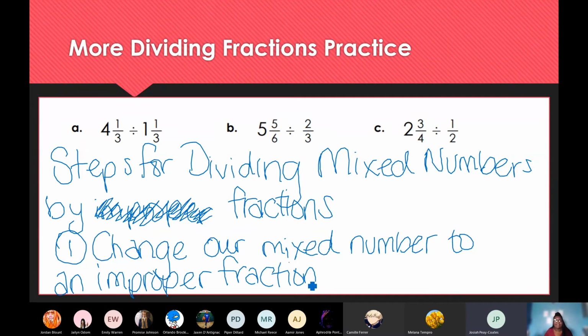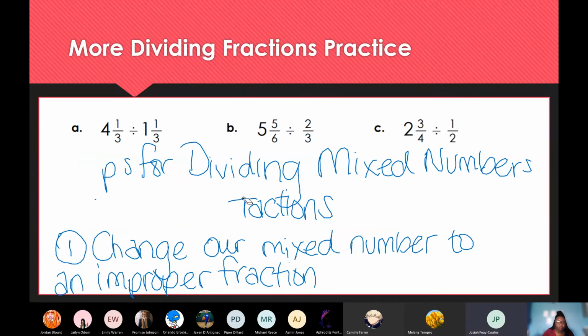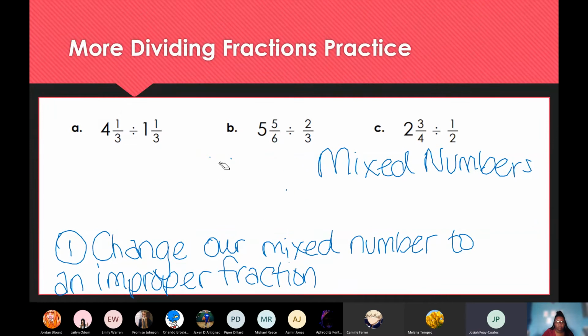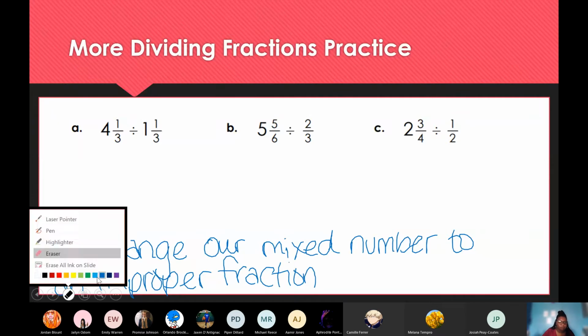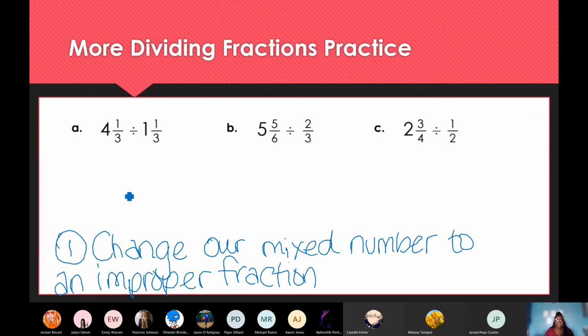So let's go ahead and get that done. I'm going to erase the steps title. Please make sure you mute yourself. Thank you. Okay. So let's go ahead and get to work with A.